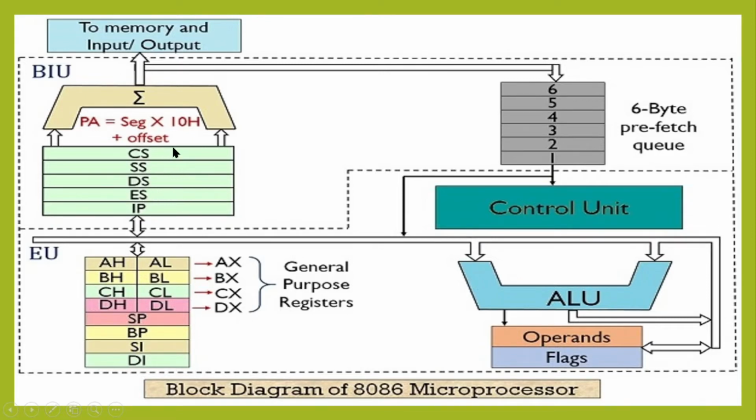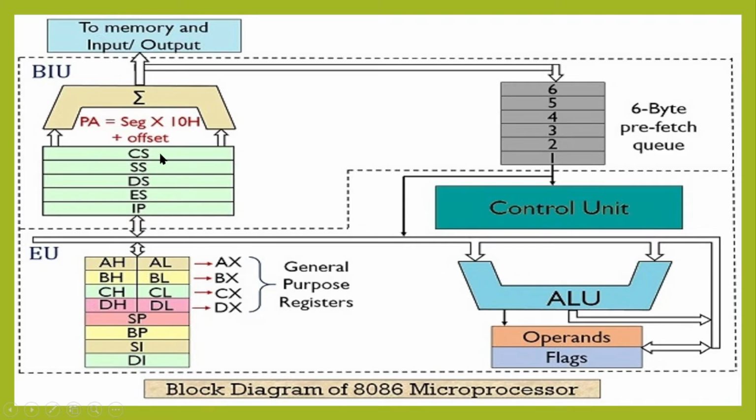In total, 16 segments are possible out of the 1 megabyte memory capacity of the 8086, and 4 segments, the code, data, stack and extra, can be used at a time. The segment register provides the starting address of the segment.